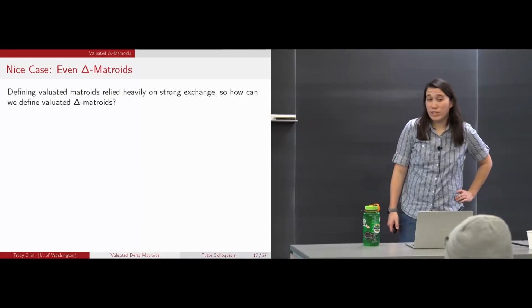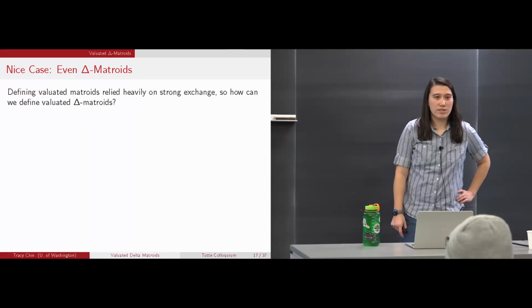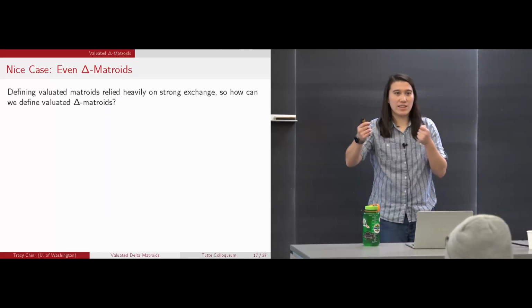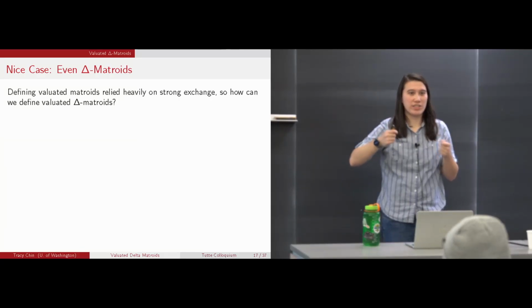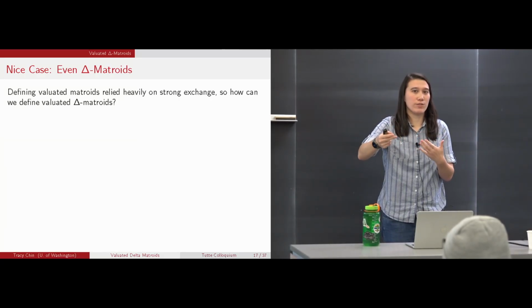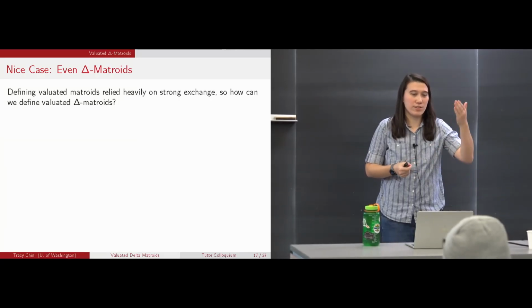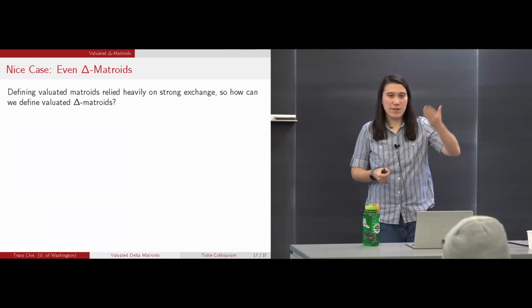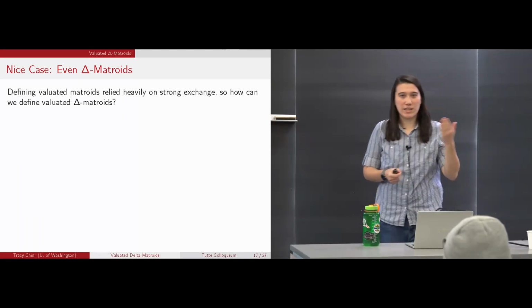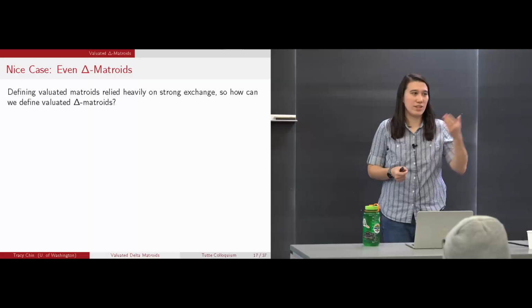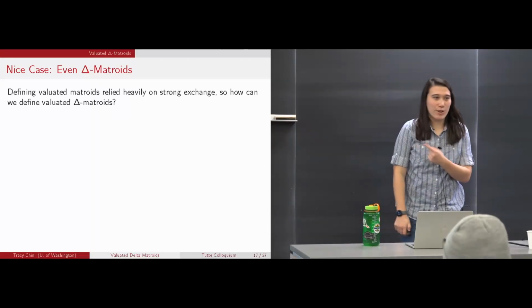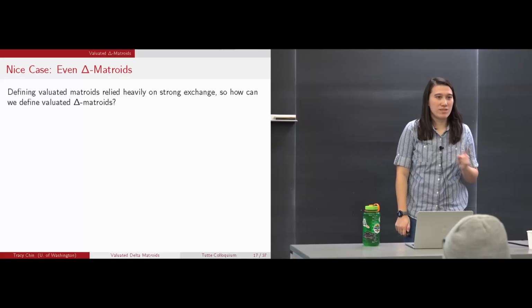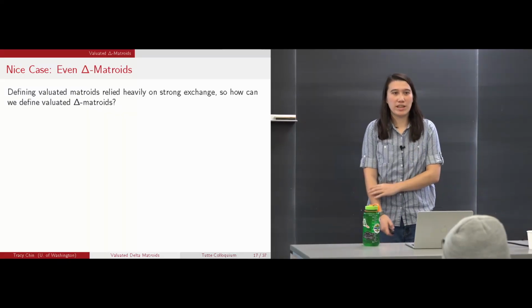So when we defined valuated matroids, it was very nice. We already had this strong exchange condition, and once you have a strong exchange condition, it's relatively easy to turn that into an inequality, and then it turns out that it's if and only if this minimum is attained twice, and it's also if and only if there's a good subdivision. But I have already showed you that for delta matroids, strong exchange is too much to ask.